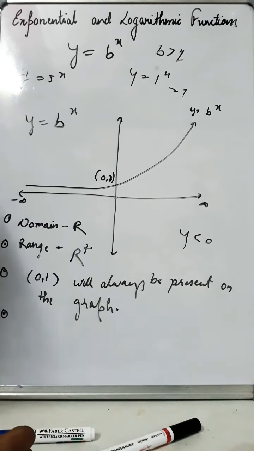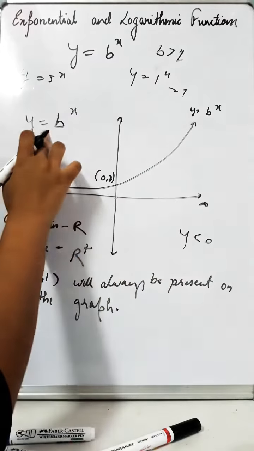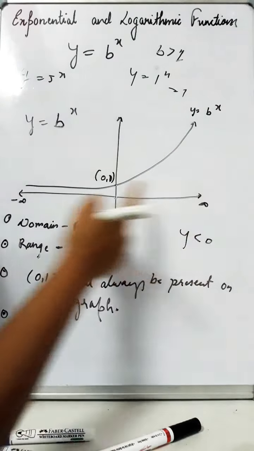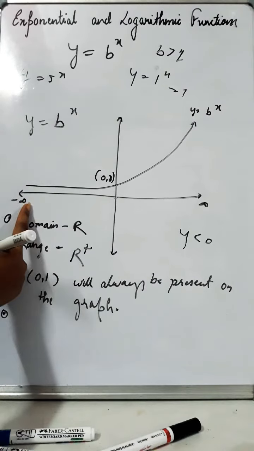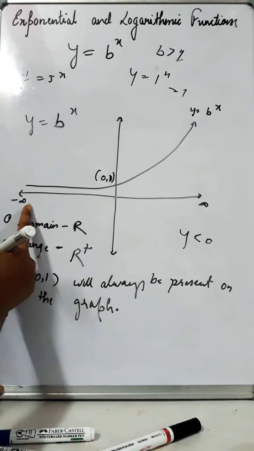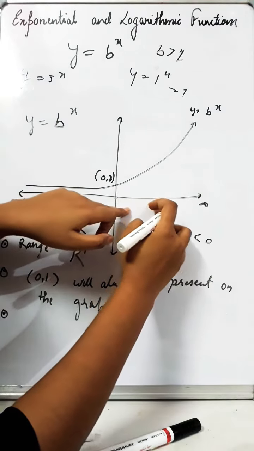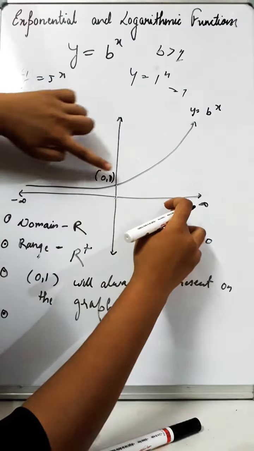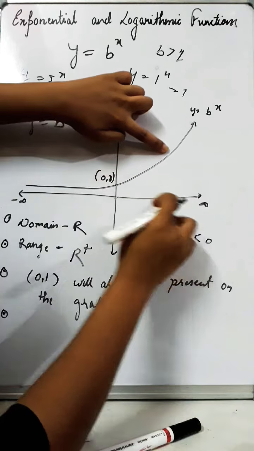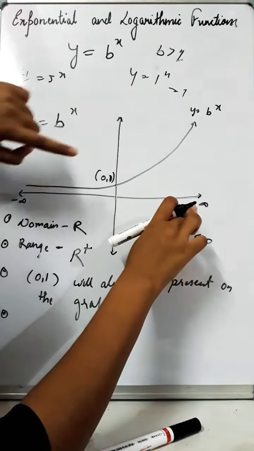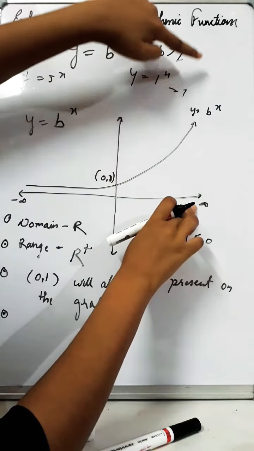Now comes the value of this function at the extreme ends, means at plus infinity and at minus infinity. Now you see, at plus infinity you go on increasing your x, and you see that your graph is also continuously increasing as you increase your x. So as you reach towards infinity, this graph also reaches towards infinity.